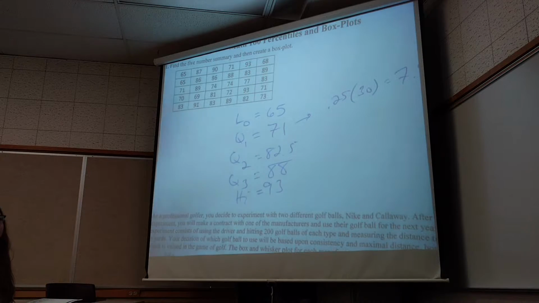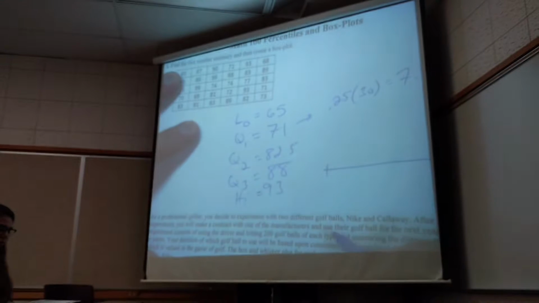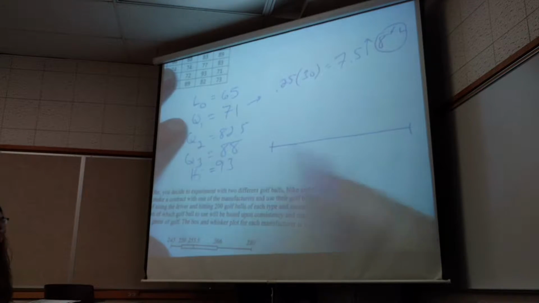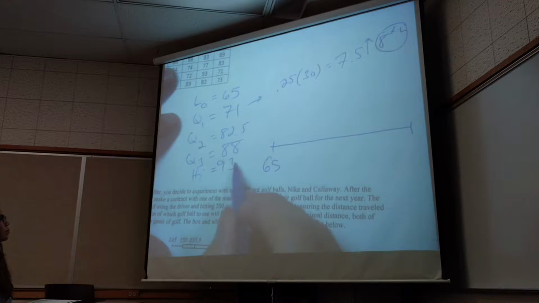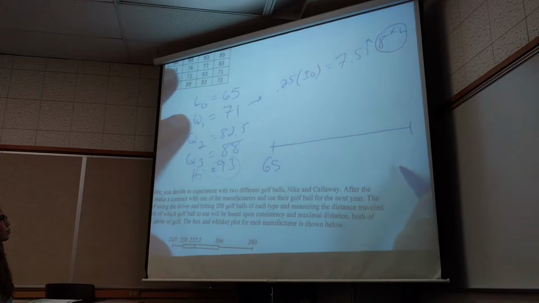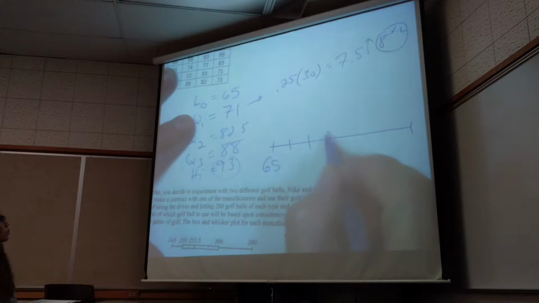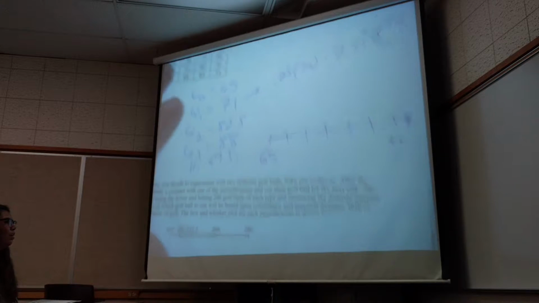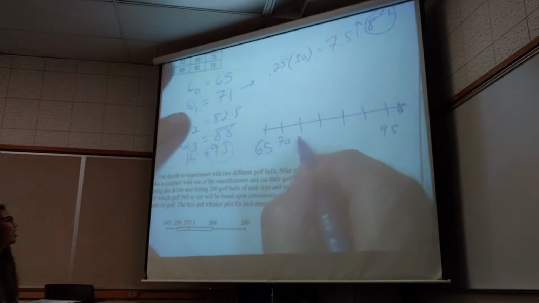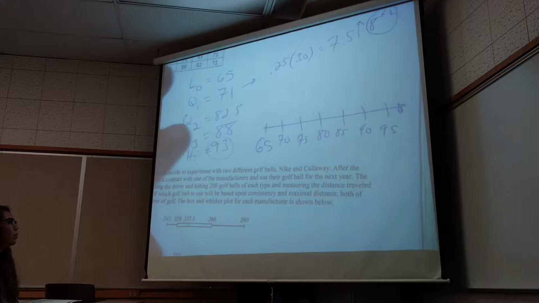You guys good? Okay. So now you set up a scale that catches all these numbers. In fact, the scale doesn't have to have any of these numbers, but I'm going to start at 65 and go up to 95. So maybe go by 5: 65, 70, 75, 80, 85, 90, 95. Your scale's got to be consistent.